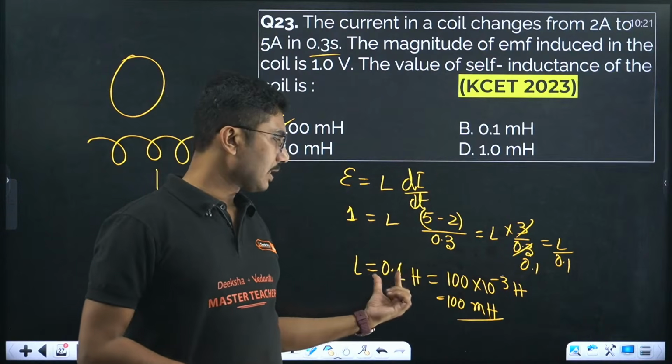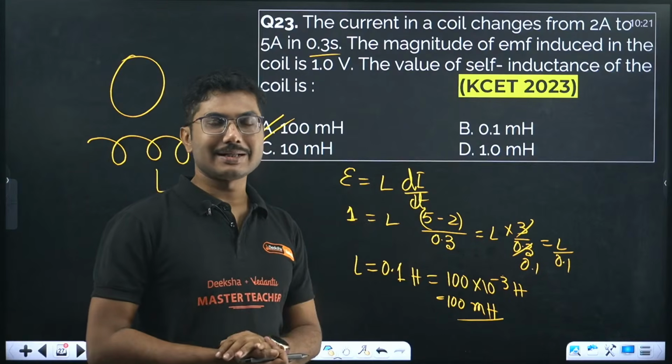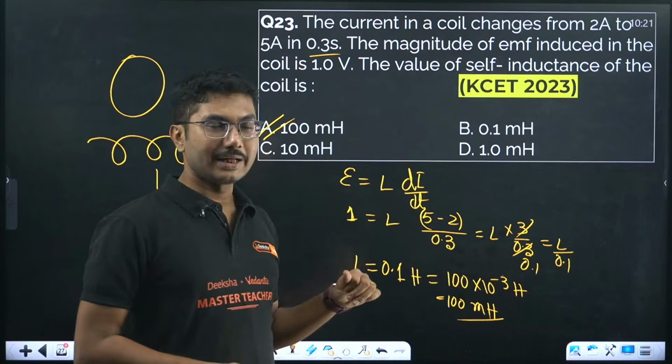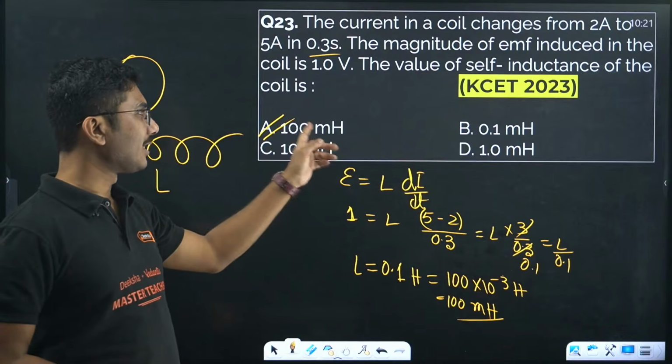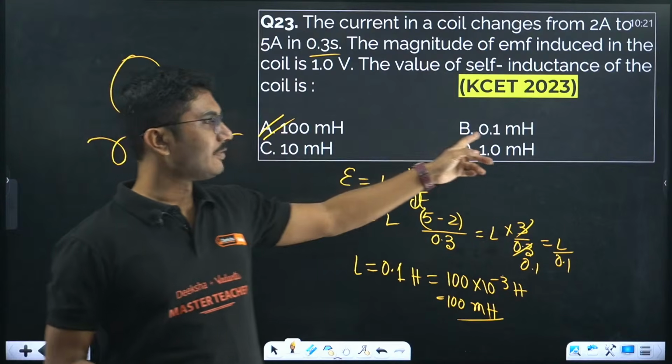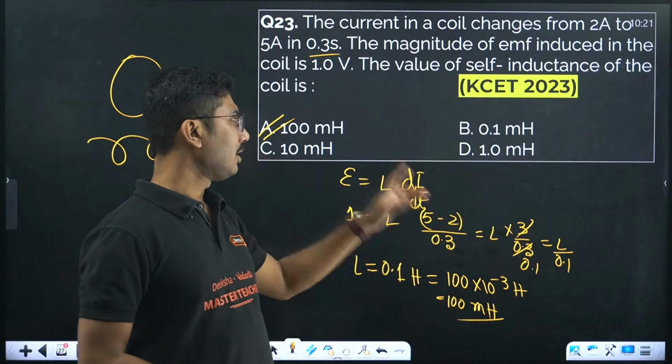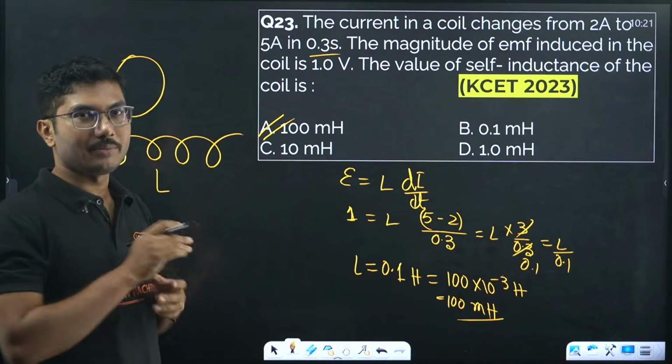Here by default inductance is in Henry, so the answer will be in Henry. So don't mark this as your correct answer. You have to check the unit, because the answers are given in millihenry. It will be 100 millihenry, not 0.1 millihenry.